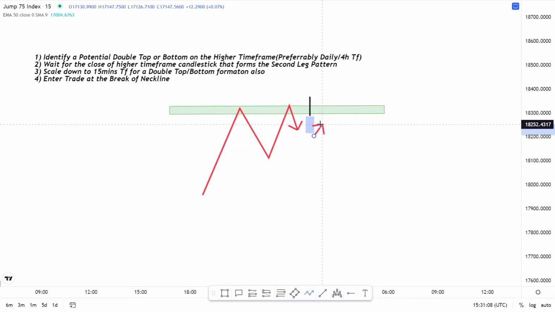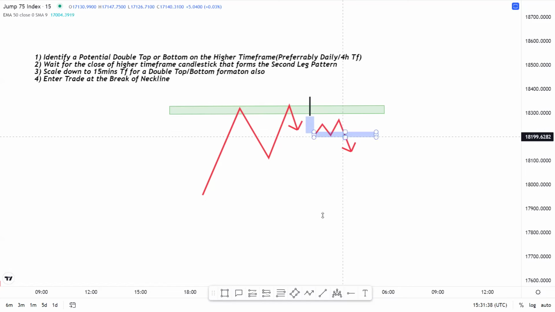You're only going to go in for sales on the 15 minutes time frame once you have a break of the neckline of the 15 minutes time frame pattern. So a smaller 15 minutes time frame M pattern.